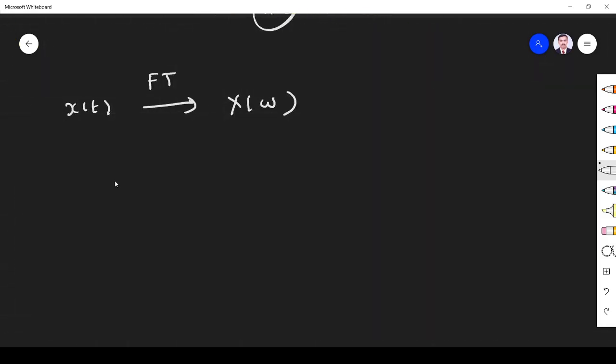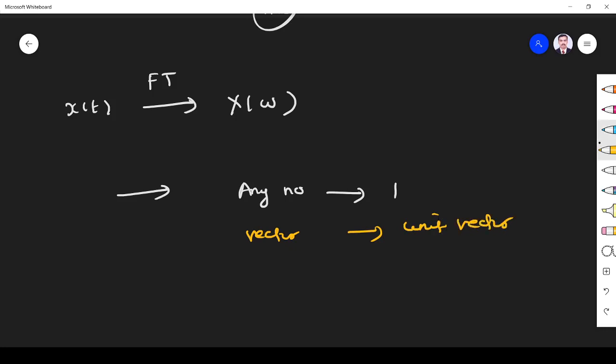Like any vector can be represented by unit vectors, any signal can be represented by complex exponentials.